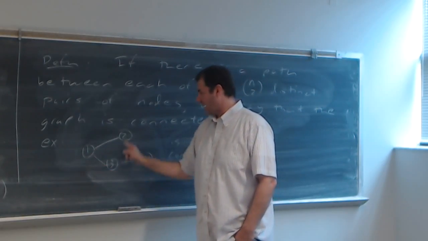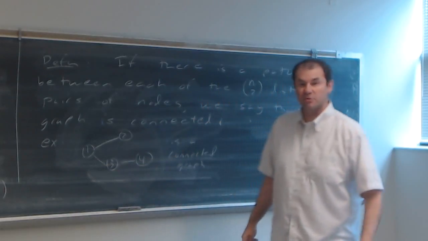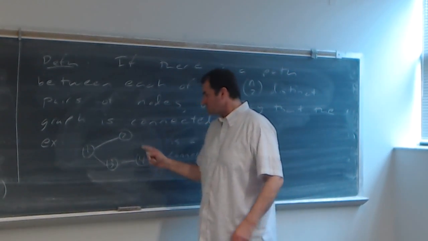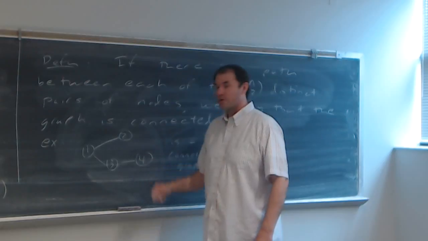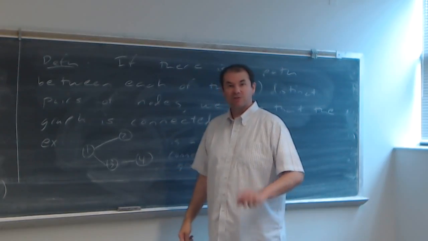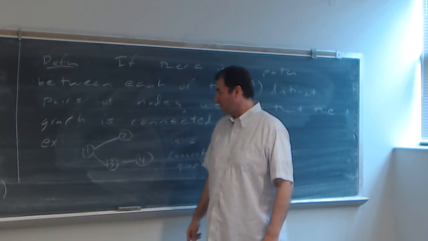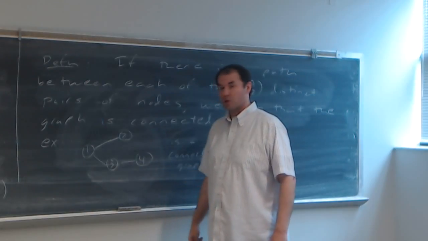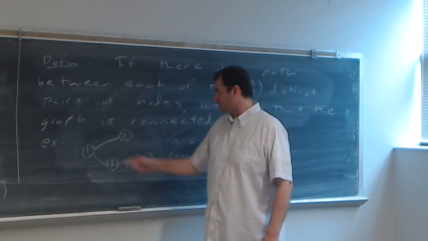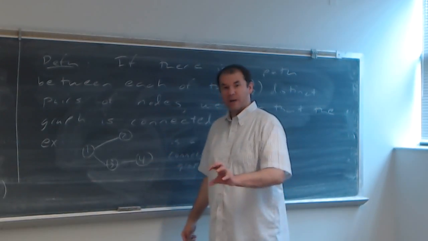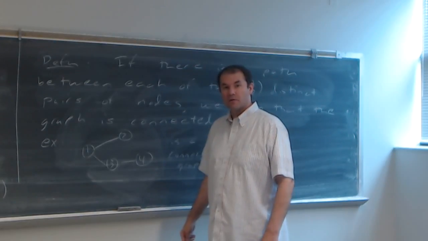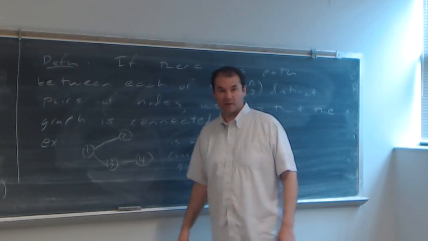And so that's a path from 2 to 3. No matter which 2 of these 4 nodes we pick, there will be a path between those 2 nodes. So 4 choose 2, that's 6 pairs that we could pick. There will be a path between each one of those pairs.